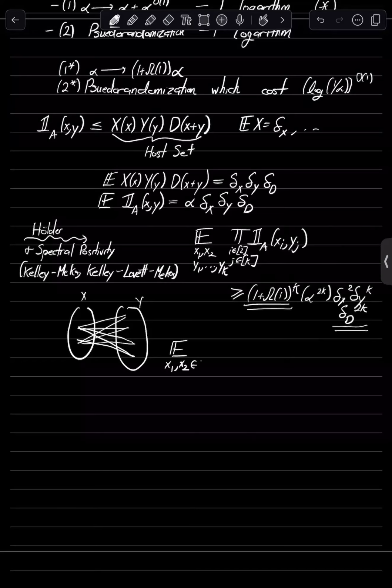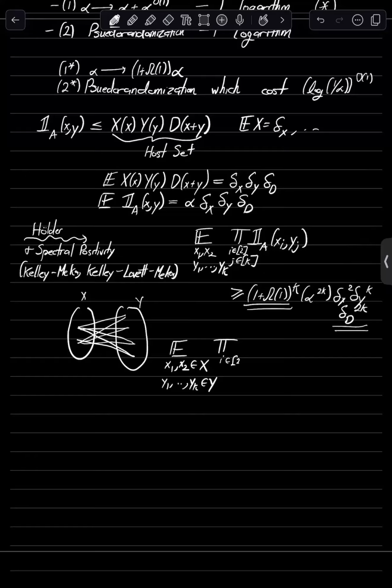It turns out to be better to say x1 and x2 live inside capital X, and y1 through yk live inside capital Y. Then I get something that looks a little prettier: the expectation over i in 2, j in k of the indicator function of A of xi, yj is bigger than 1 plus omega 1 times alpha times delta d to the power 2k. So I folded the vertex factors of x and y into the expectation.